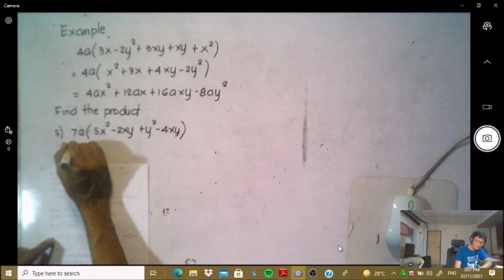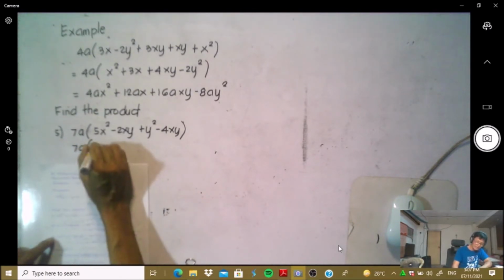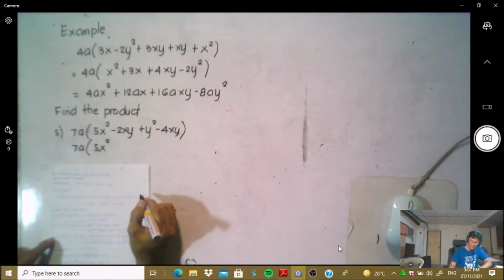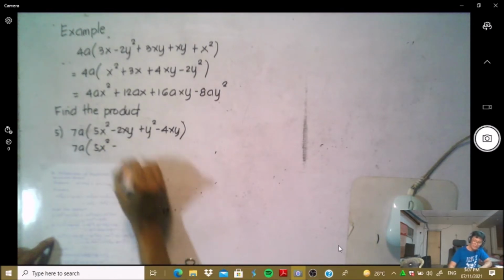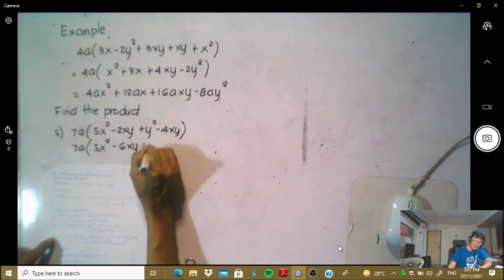So we have 7a multiplied by 5x squared, that's okay. Then we combine the xy terms: negative 2 plus negative 4 is negative 6xy, plus y squared.